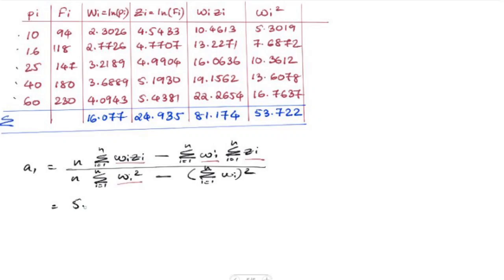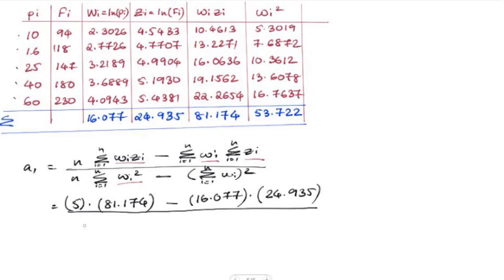So we have 5 times the summation of wi times zi, which is 81.174, minus the summation of wi, which is 16.077, times the summation of zi, which is 24.935, and this whole thing will be divided by n, which is 5, times the summation of wi squared, which is 53.722, minus the whole of the summation of wi squared, that is 16.077 squared.